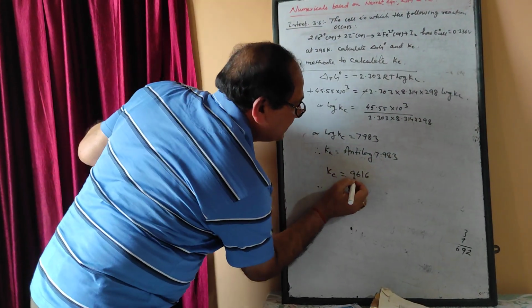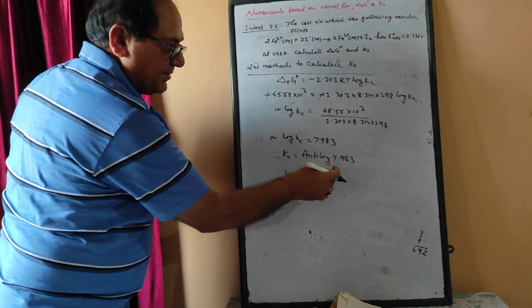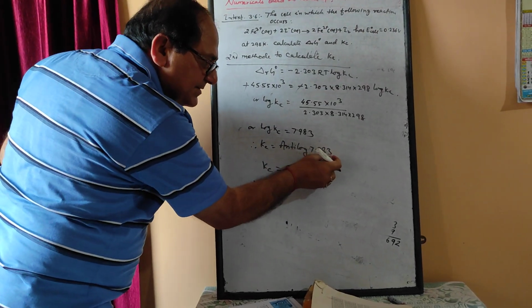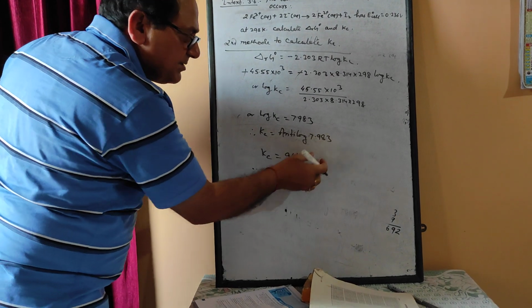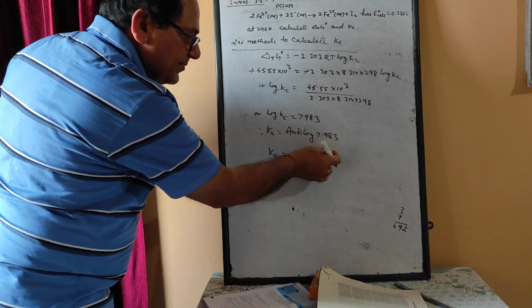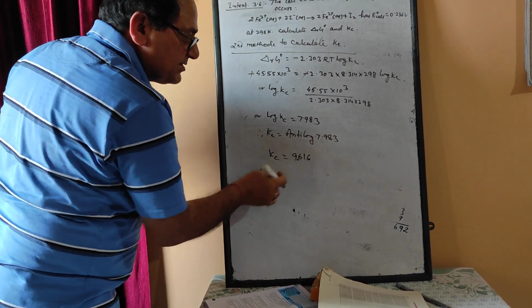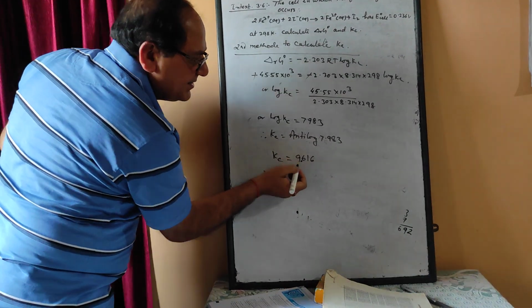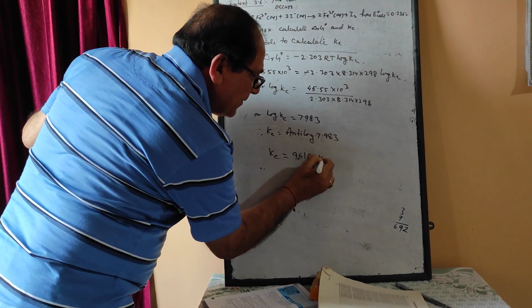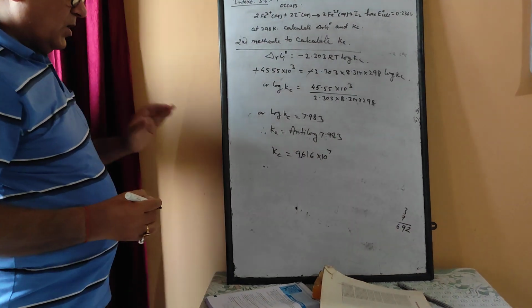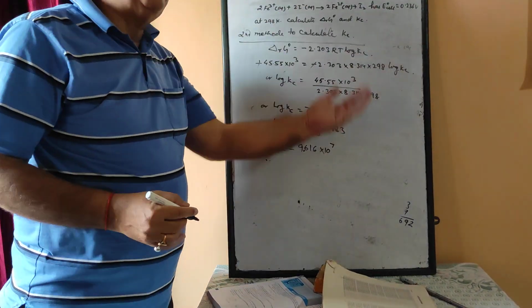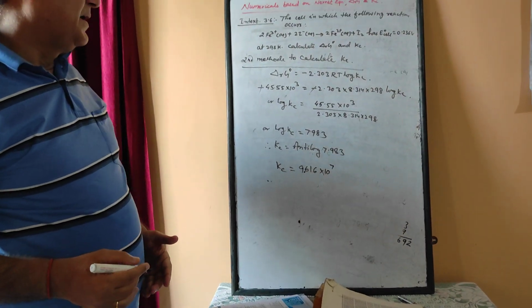So yes, Kc is equal to what? I have taken only 3 digits after the decimal. So 0.98, the column number is 3, this is 9616. Put decimal after 1 digit and into 10 to the power 7. So this value is nearly same as the previous value.